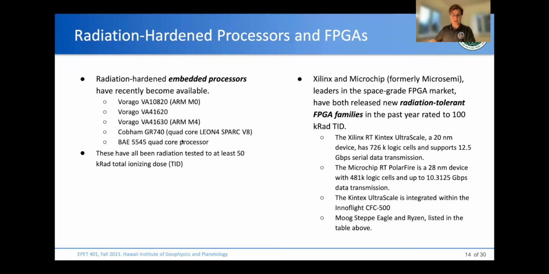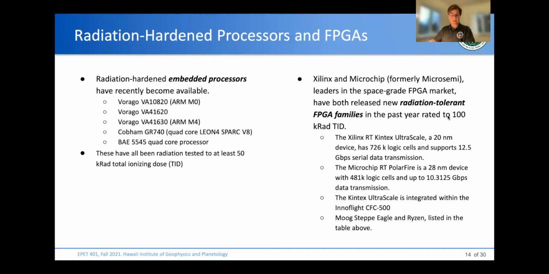So these are new and modern computers that are coming out there that are rad hard. And then Xilinx and Microchip have also developed these FPGA type computers. So this Microchip PolarFire is a good example. Many missions use that one, and so on.